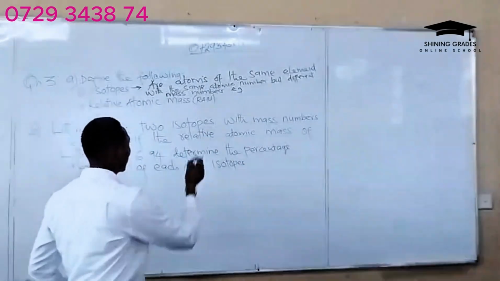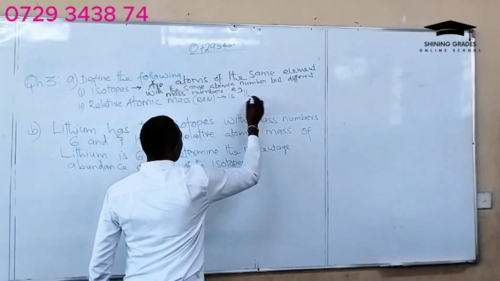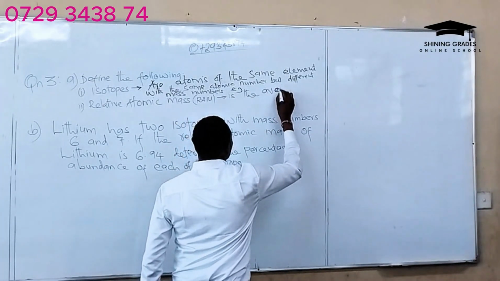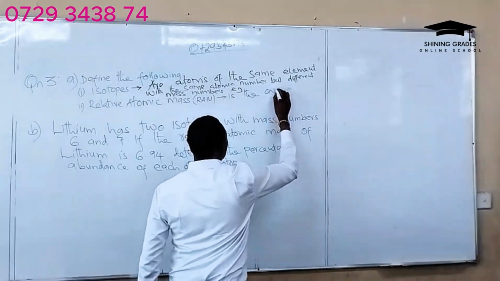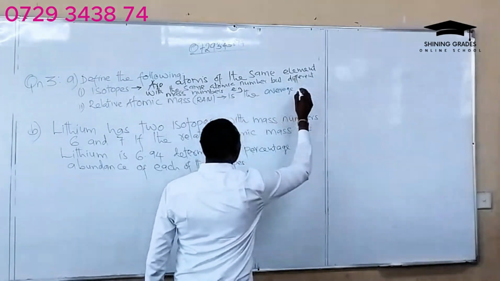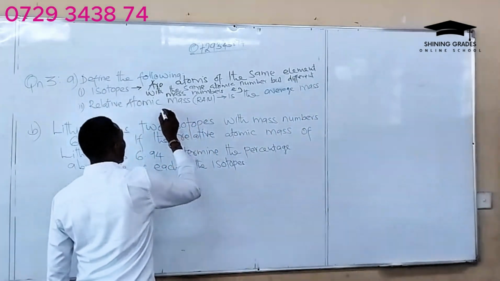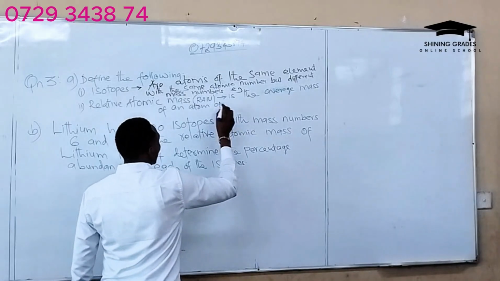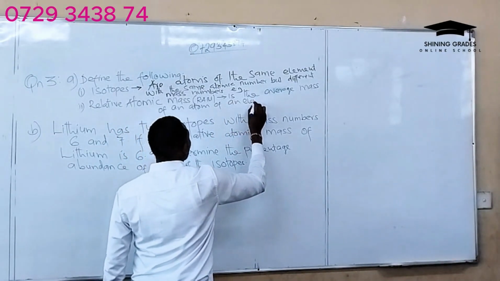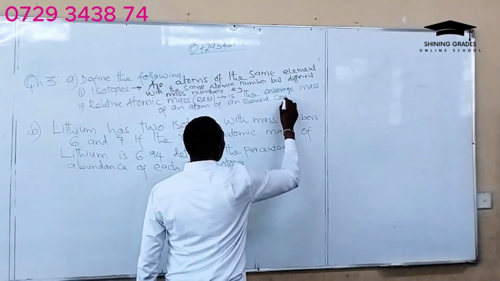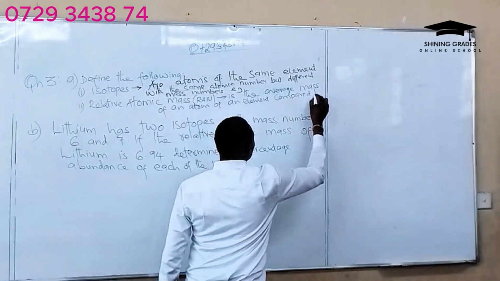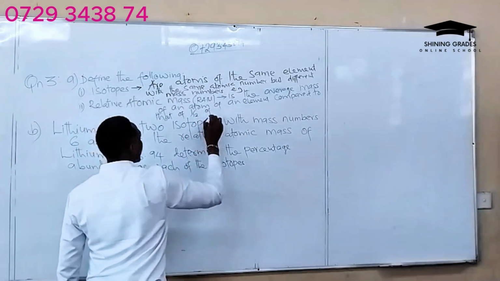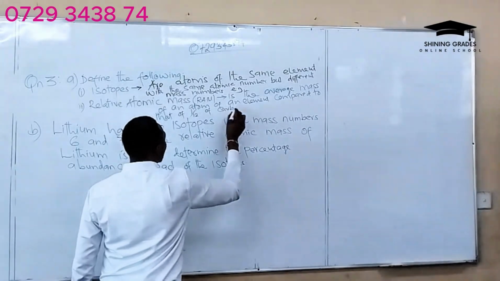Relative atomic mass is the average mass of an atom of an element compared to that of a 12 of carbon 12.